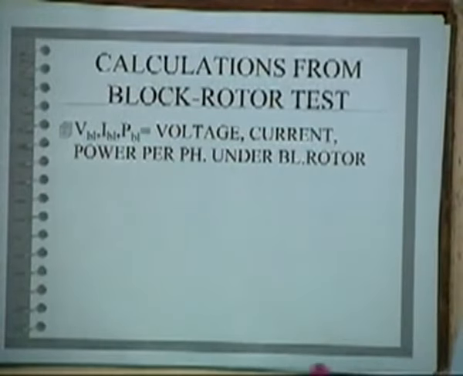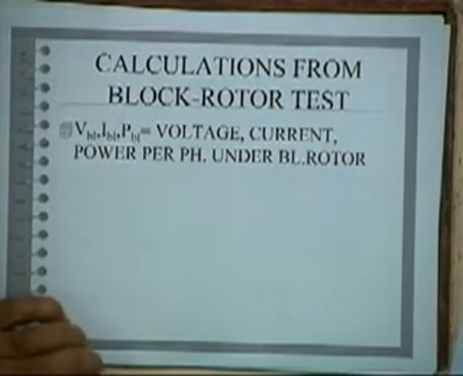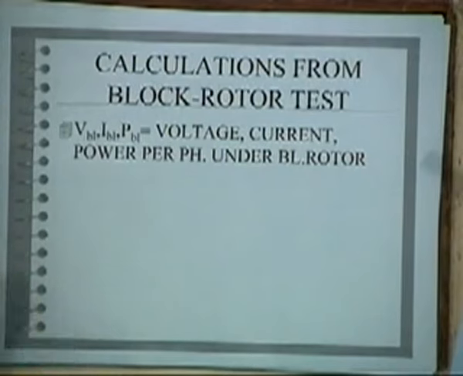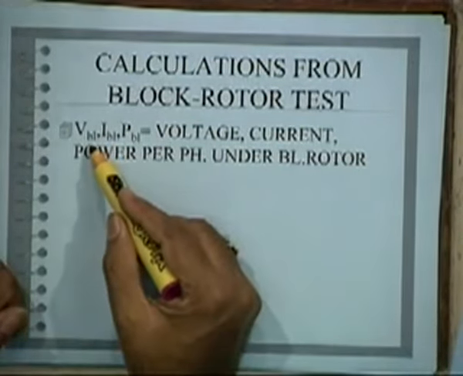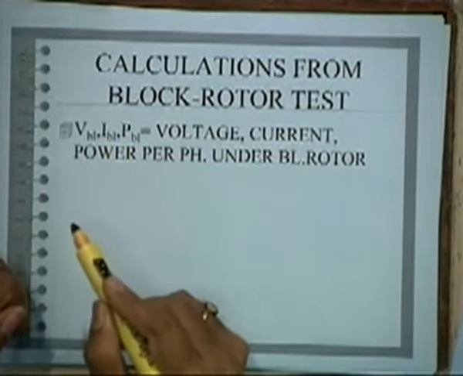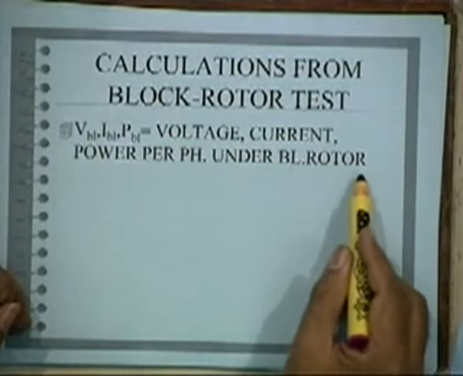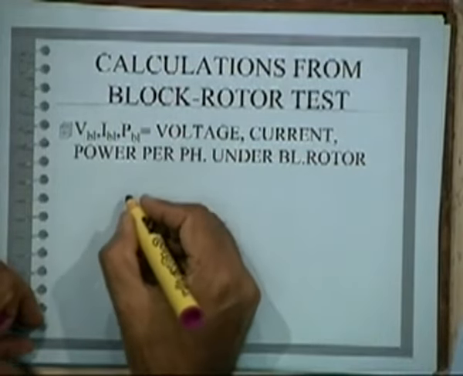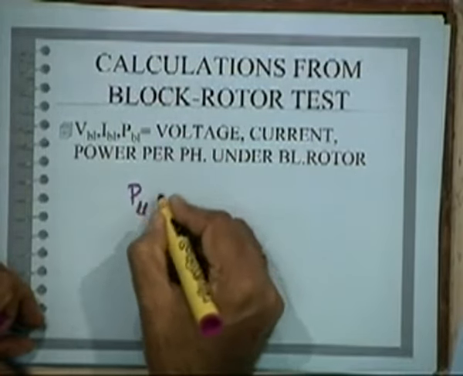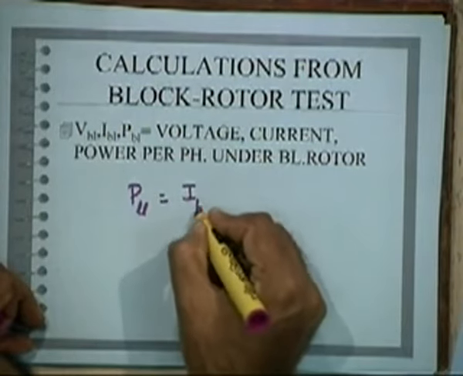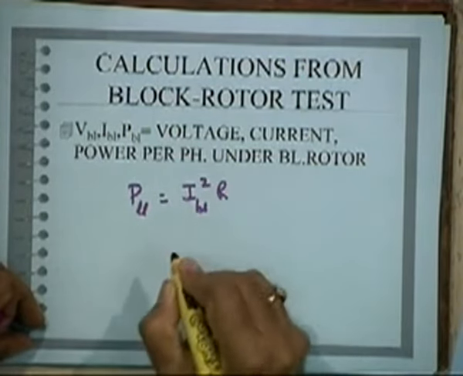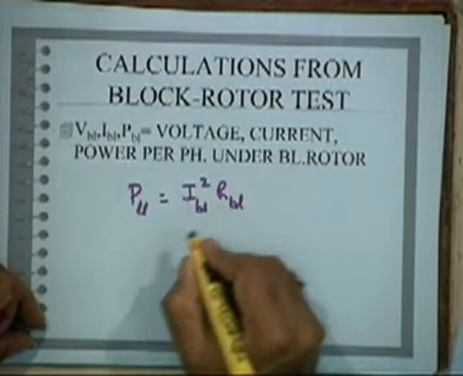Now we do some calculations from this blocked rotor test. How do you do calculations? Very easy. You measure V blocked, I blocked and P blocked, that is the voltage, current and power per phase under blocked rotor. So P blocked rotor will be I blocked rotor square into R blocked rotor.